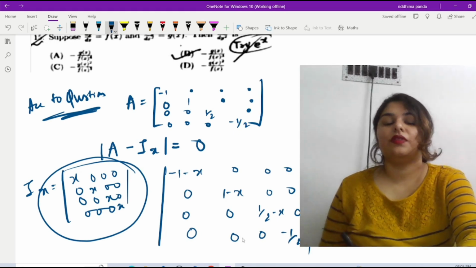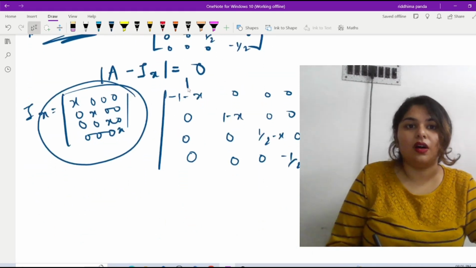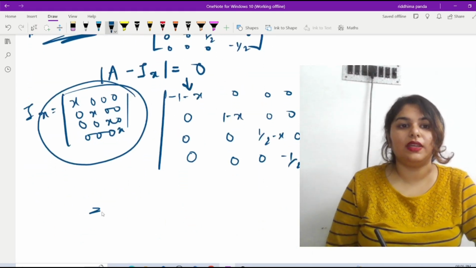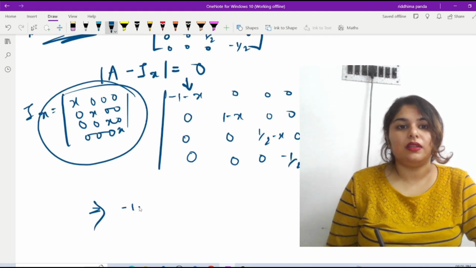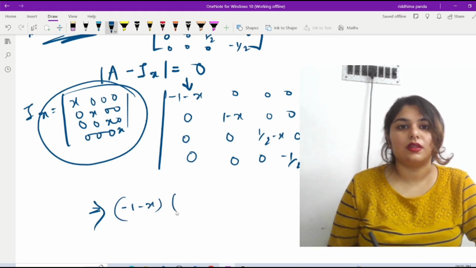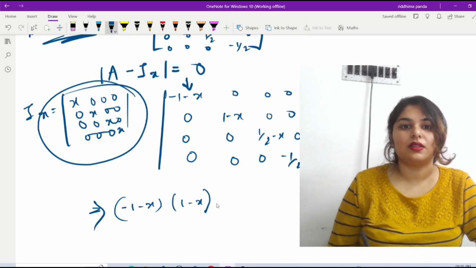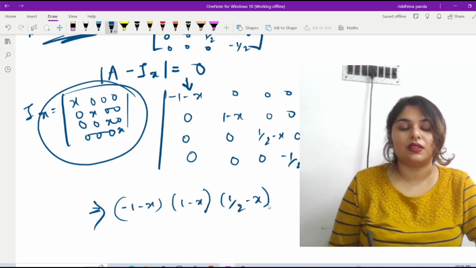The entries below the diagonal are 0, so if we expand this using the first column, we get -1 minus x into 1 minus x into half minus x into minus half minus x. This is equal to 0.